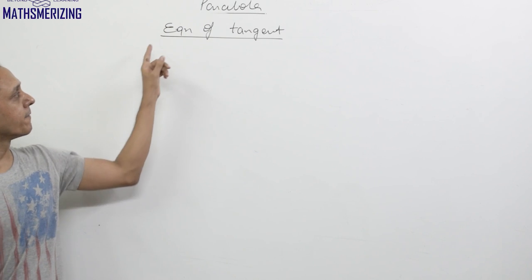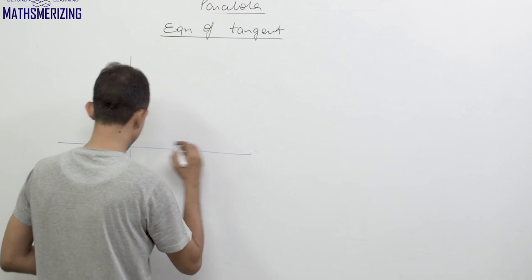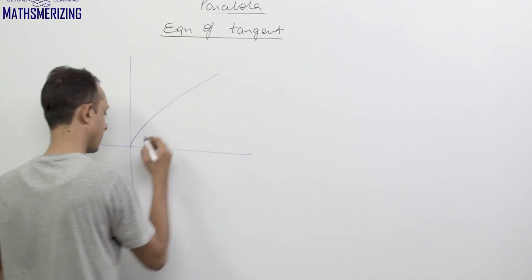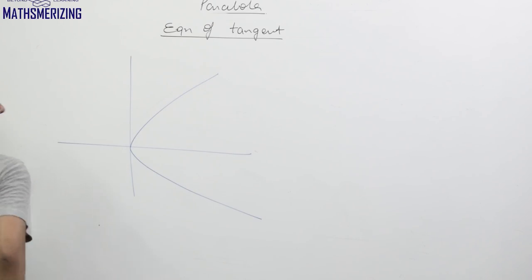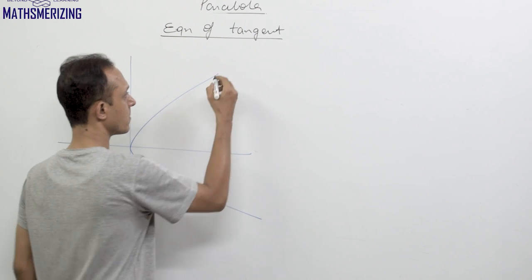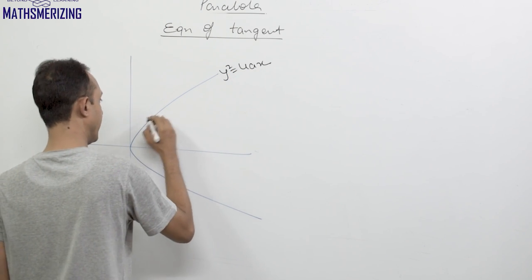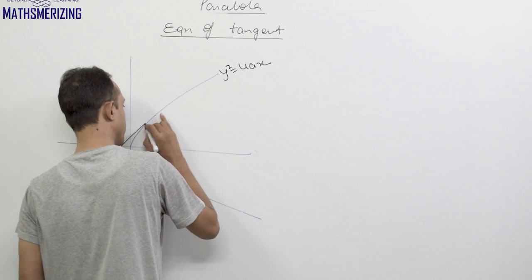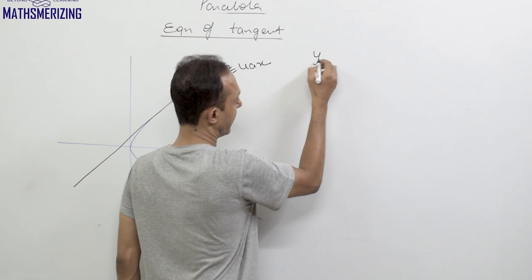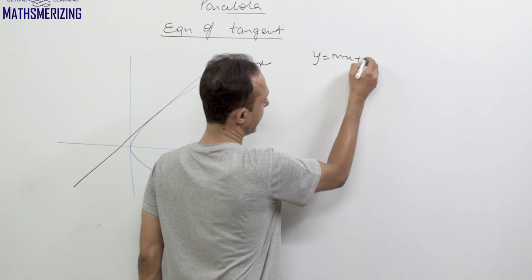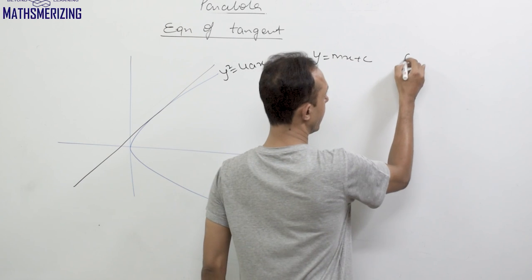So this is how we can write equation of this parabola touching both the axes. So now we look at equation of tangent to a parabola. So if I have this parabola which is y square is equal to 4ax, and we need to find equation of any tangent to this parabola. So we know that line y equals mx plus c will be a tangent to this parabola when the value of c is a by m.